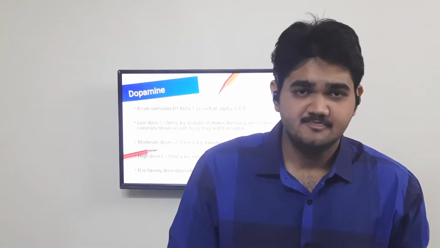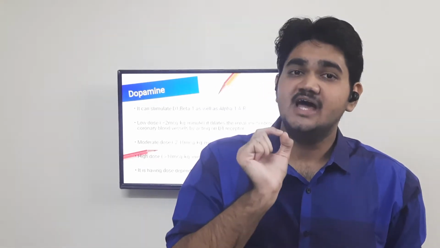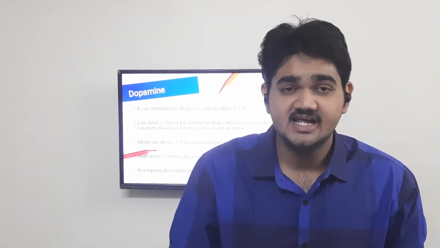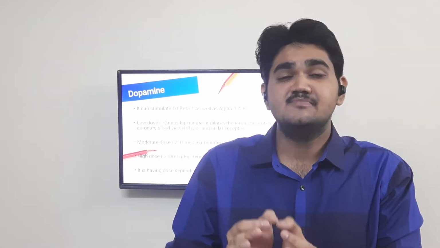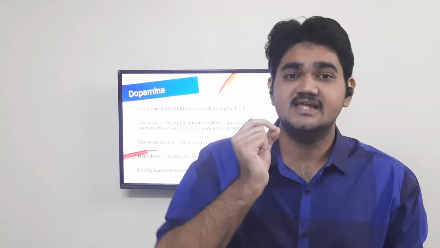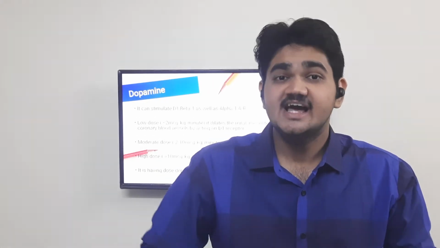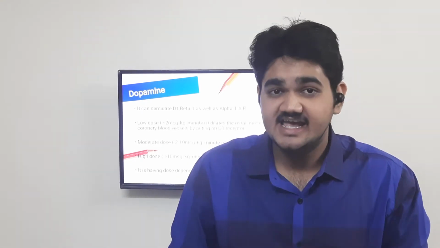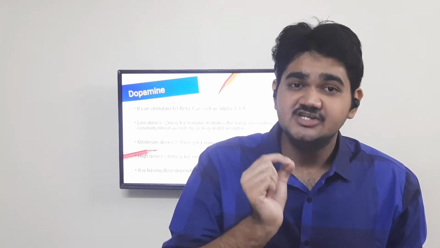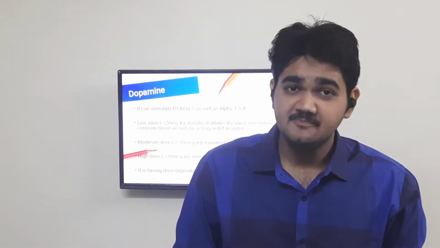And remember, ये जो D1 receptor होते हैं, इनकी मैक्सिमम कॉन्सेंट्रेशन रीनल ब्लड वेसल में होती है. So whenever this D1 receptor on our renal blood vessel is stimulated, there will be dilation of renal blood vessel. उससे क्या होगा?